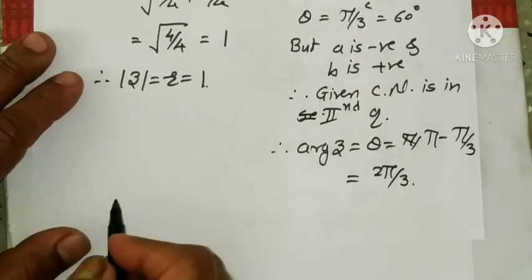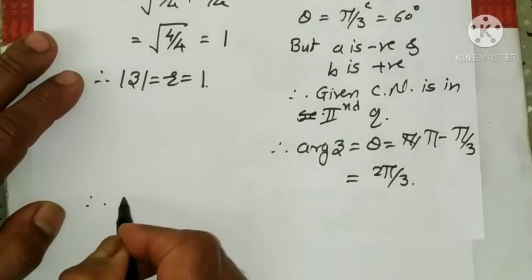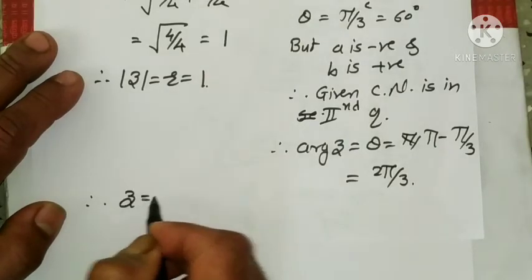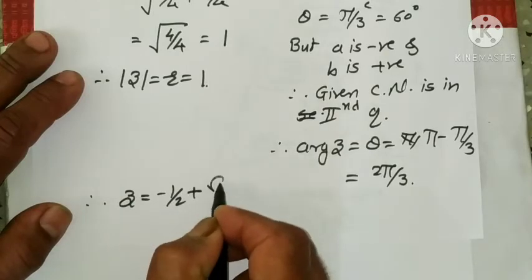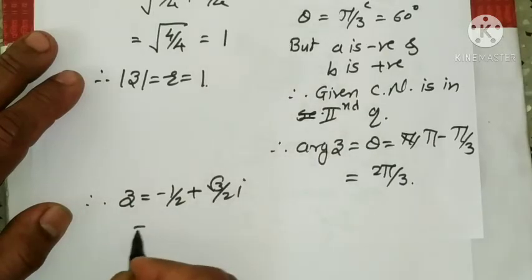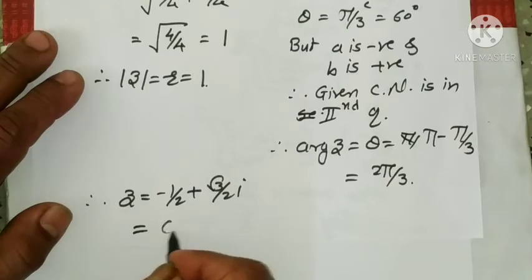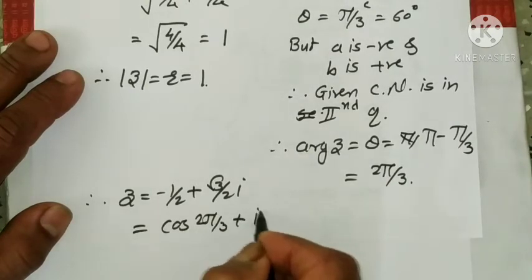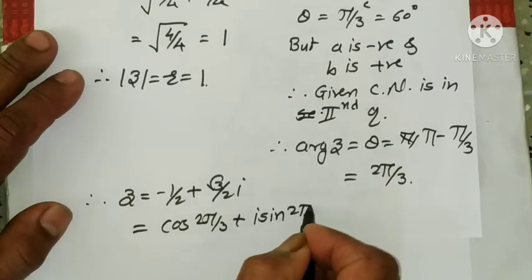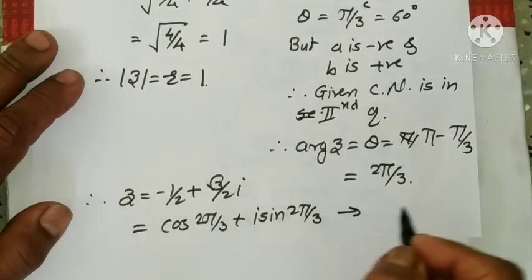Therefore, z is equal to minus 1 upon 2 plus root 3 upon 2 i is equal to cos 2 pi by 3 plus i sin 2 pi by 3, which is the polar form.